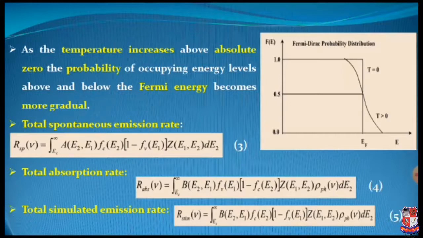See in equations 3 and 4 how you have to identify the equation. The only change is, first of all, in the energy function. After that, absorption takes place in the valence band, emission takes place in the conduction band. So instead of FC(E2) we have utilized FV(E1) times 1 minus FC(E2), Z(E1, E2) as it is, rho_ph, that is the density of photons, at nu dE2.